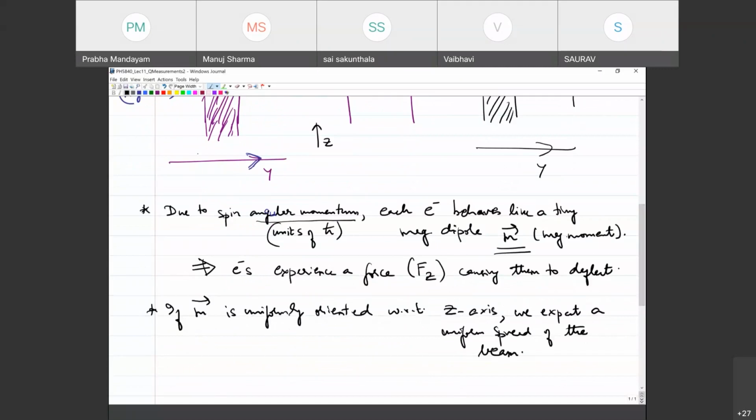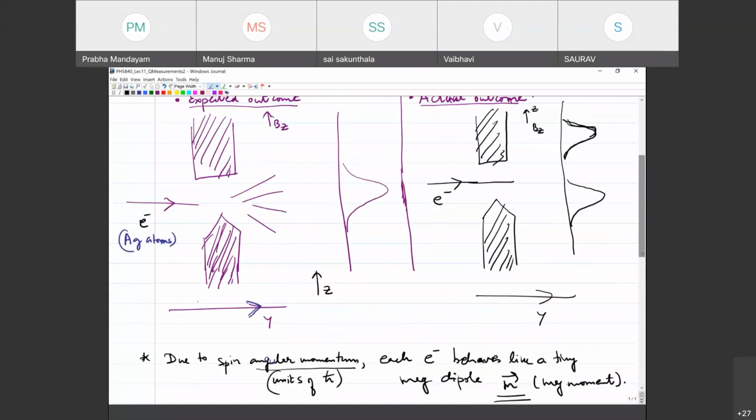This was what was expected classically, so to speak, that this M is oriented in a continuous way.